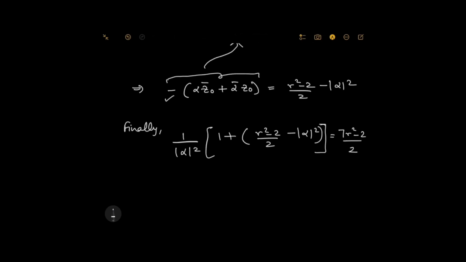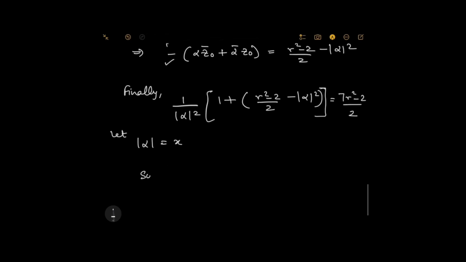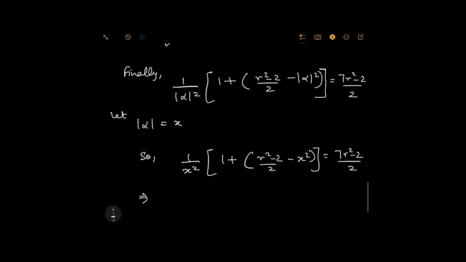Instead of writing modulus of alpha repeatedly, just to simplify our work, let's make a change of variables. Let's now multiply it by 2 throughout.